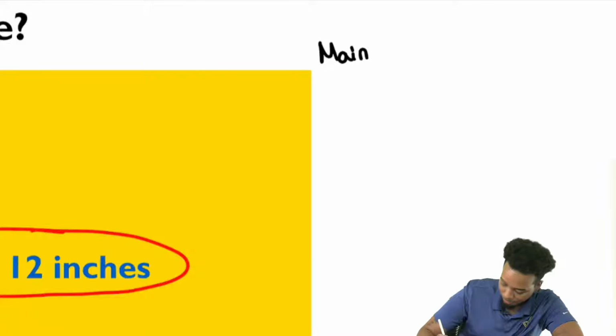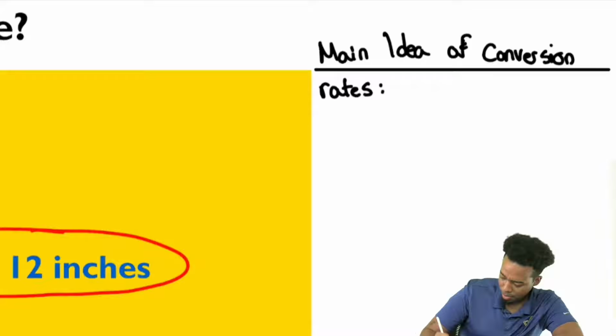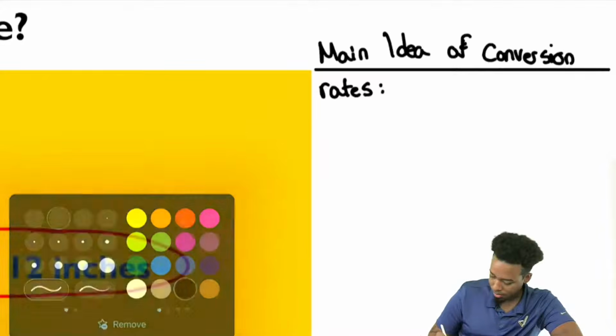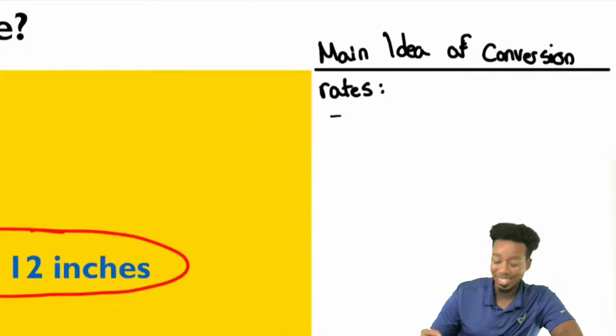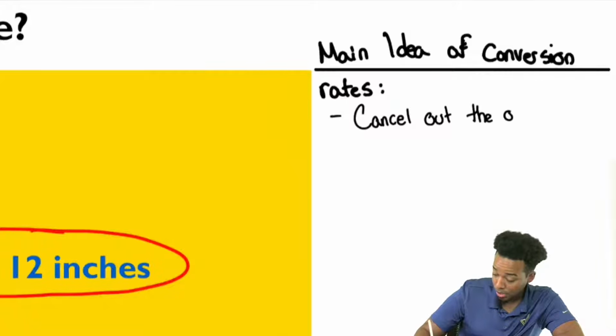So main idea, let me just write a line here, of conversion rates. I think this might be too thick. Let me go ahead and thin that out. So the main idea of conversion rates is this. Cancel out the old unit. Cancel out the old and leave the new unit.